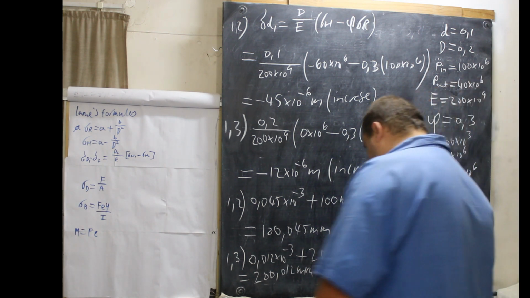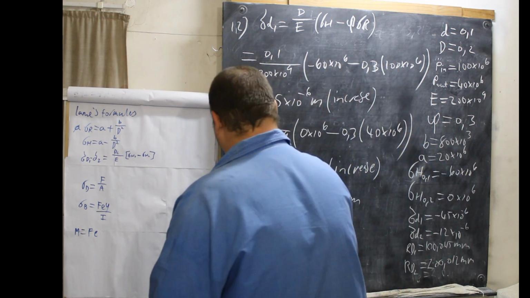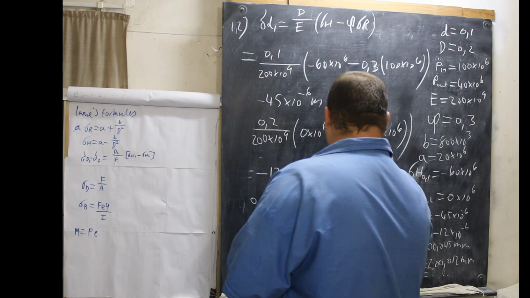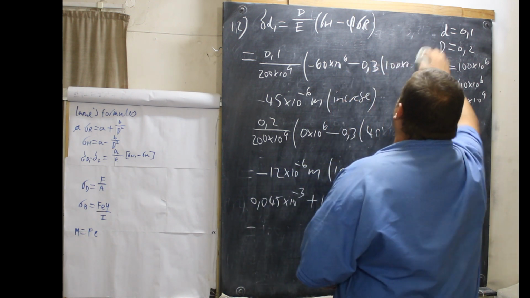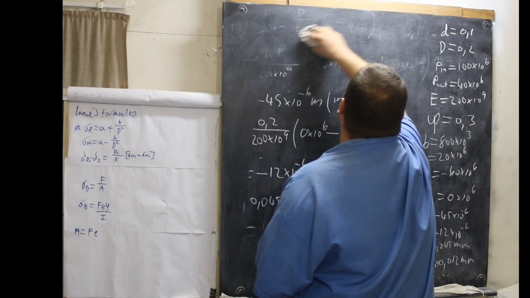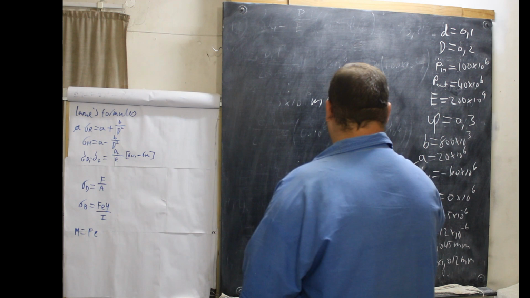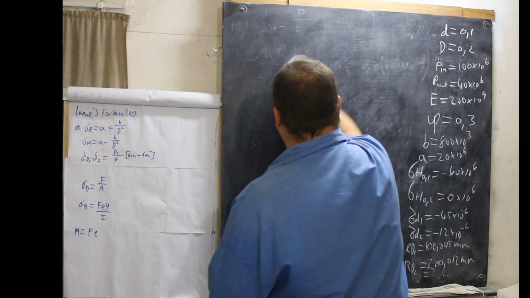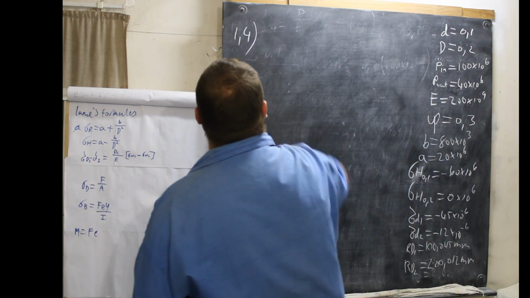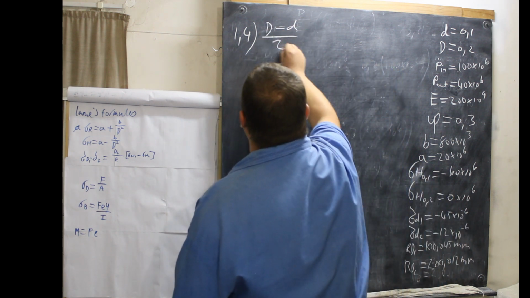So now at question 1.4, they want the resultant thickness. So that is D2 minus D1 over 2.